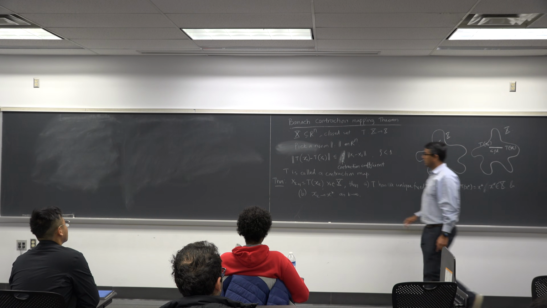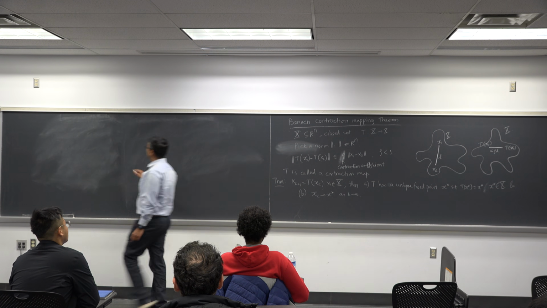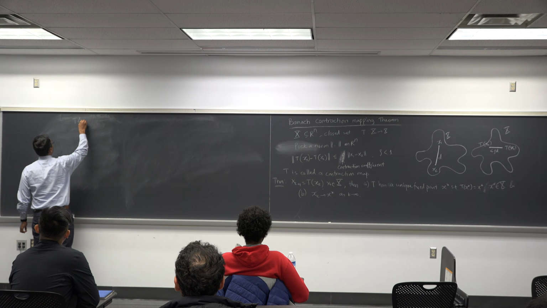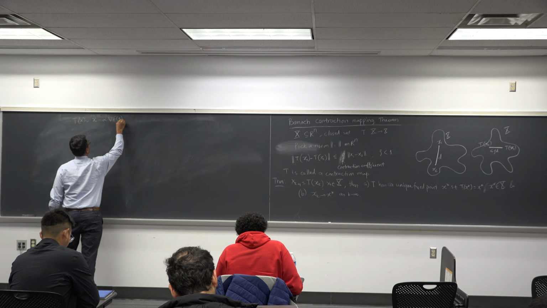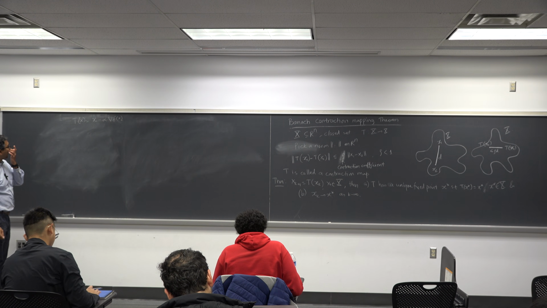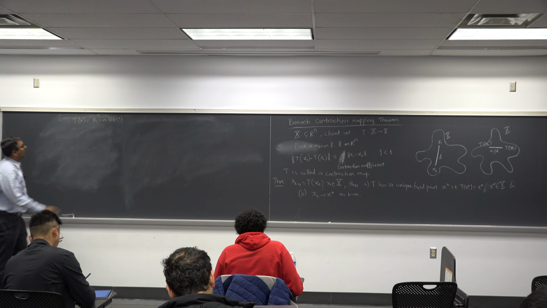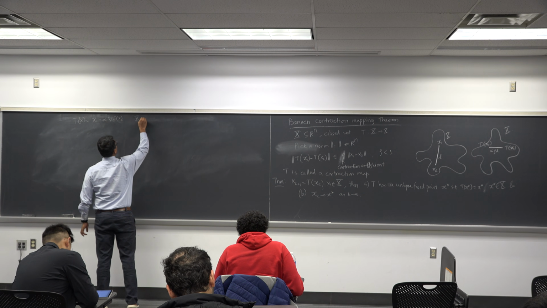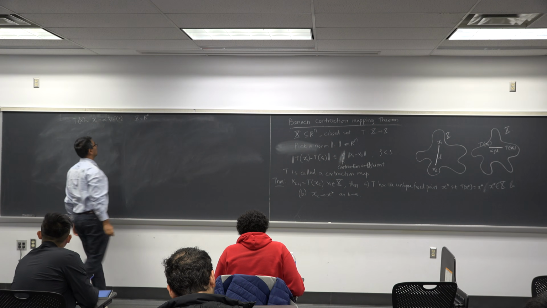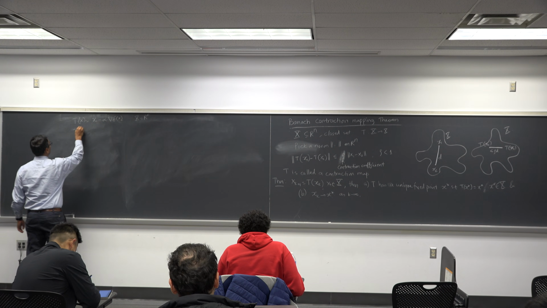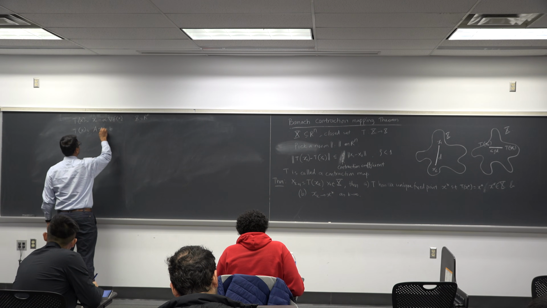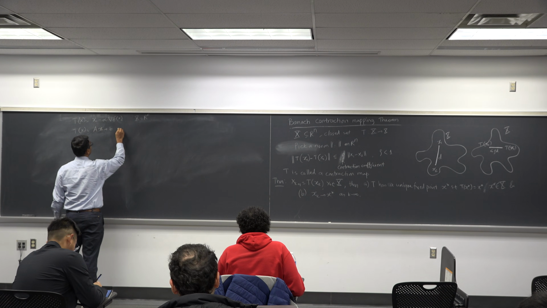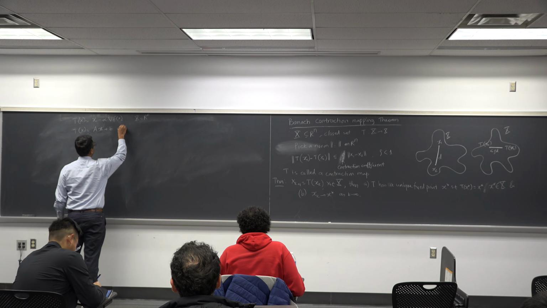So let's look at an example of this map. T(x) = x minus alpha times the gradient of f(x), where x is in R^n. Another example: T(x) = Ax + b, again with x in R^n.